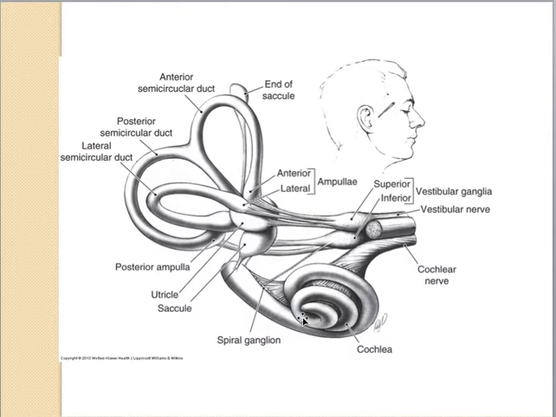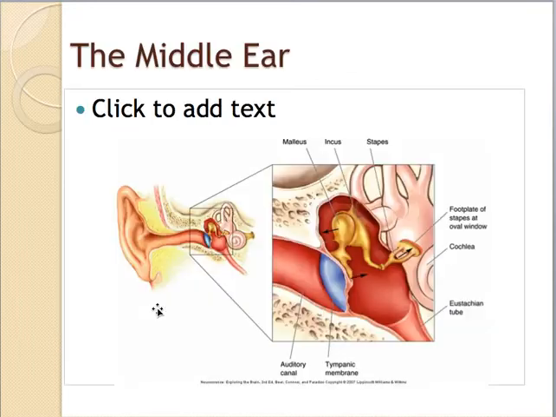The semicircular canals shown here, the anterior and lateral semicircular canal, the ampulla, the utricle, and saccule. These are associated with the vestibular system. So know how to differentiate between vestibular system and auditory system.